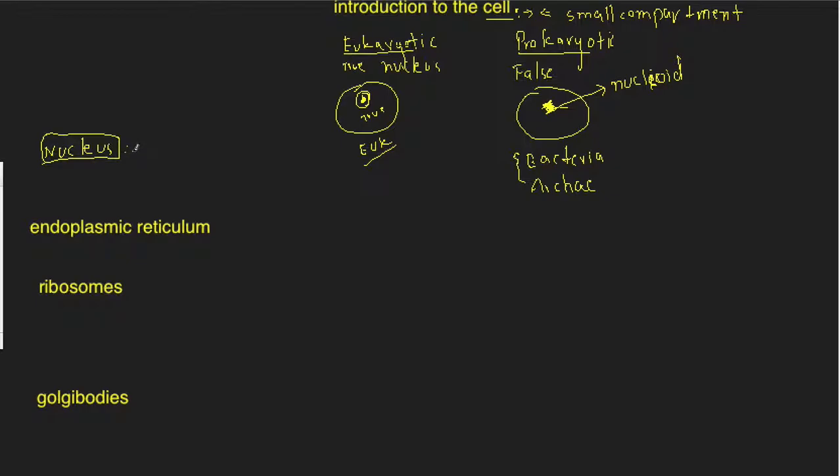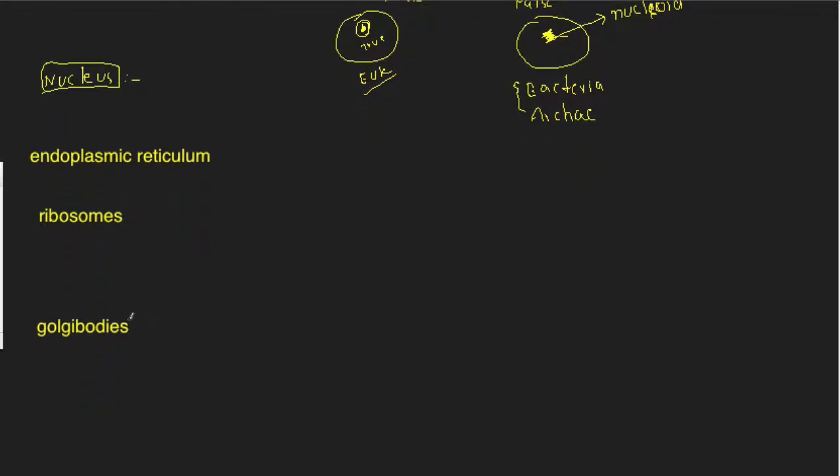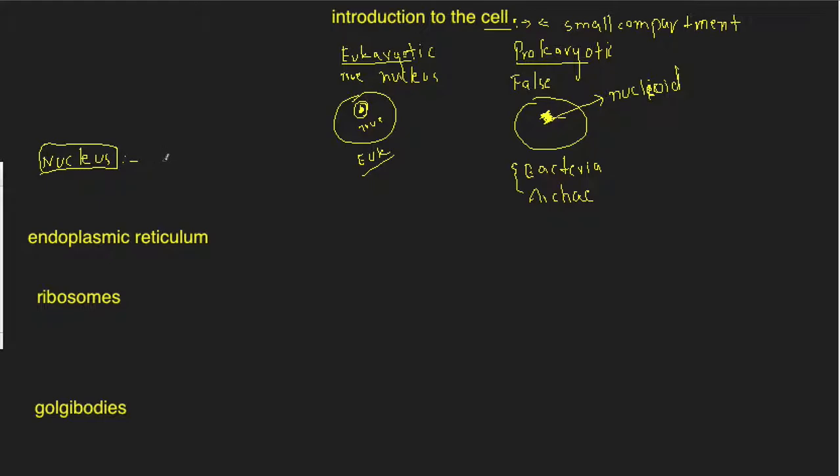I've selected these organelles such as the nucleus, the endoplasmic reticulum, the ribosomes, and the Golgi bodies, because I've divided the video into a couple of sections, and in this section I'm going to discuss the organelles which are mainly related to producing or manufacturing functions. The first is called the nucleus.